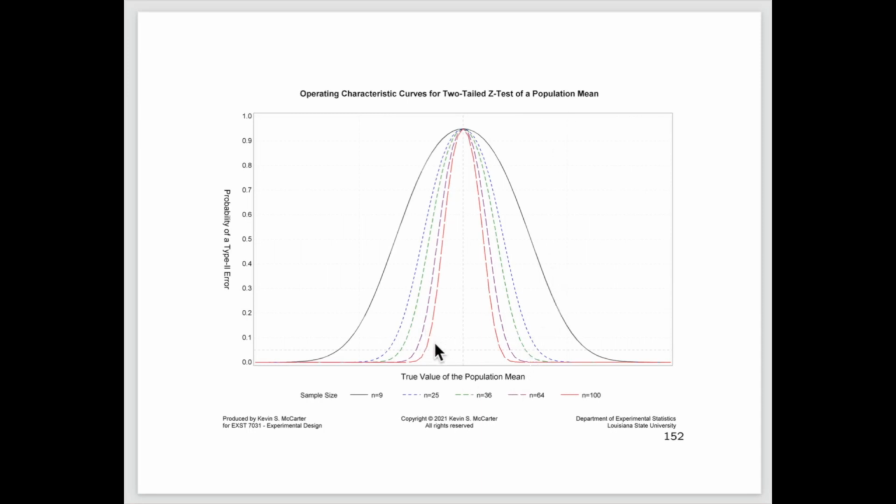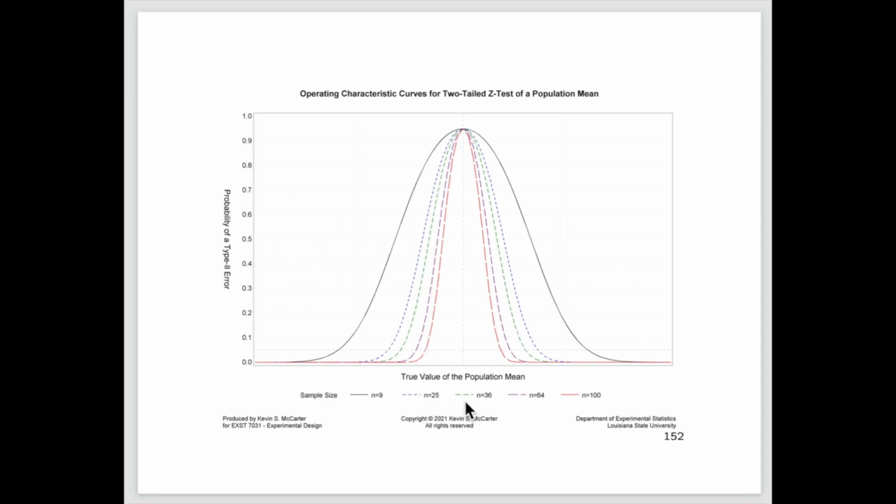Now we have 1, 2, 3, 4, 5 curves, and those 5 curves correspond to 5 different sample sizes. You can see here the black curve is for a sample size of 9. Then we have a purple curve that corresponds to a sample size of 25.